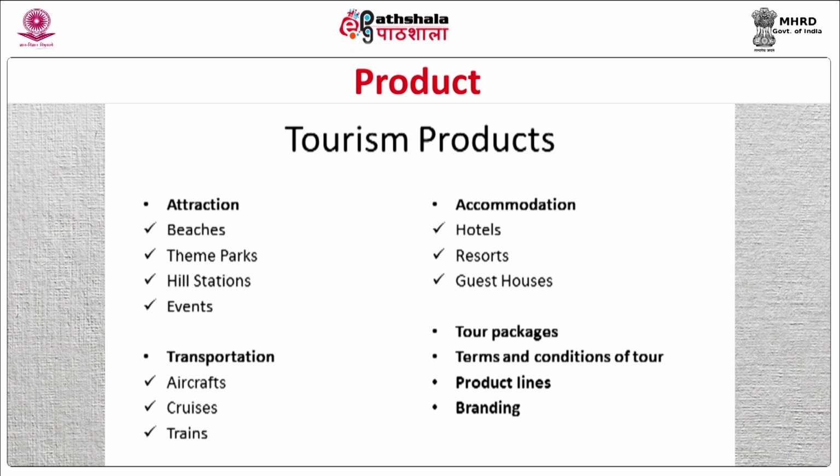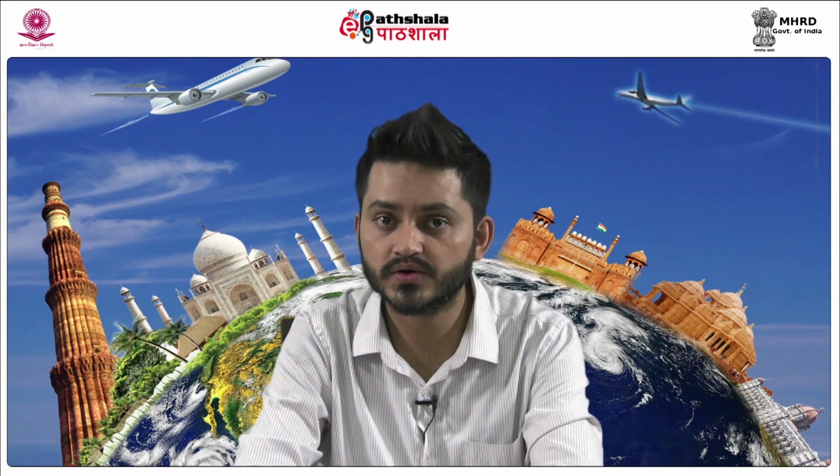For example, it includes the broad array of elements offered to consumers such as accommodation, transportation, attractions, catering, tour packages, etc. A key point to keep in mind is that once a hospitality consumer leaves the hotel or restaurant, there is nothing tangible to show because the consumer has purchased and consumed the service. The largest part of the tourism industry product service mix is indeed the intangible element of service.